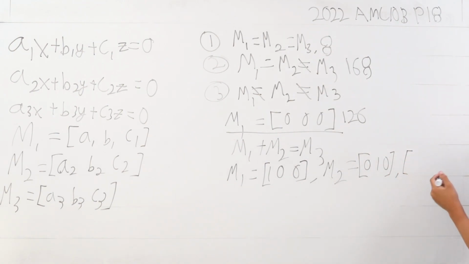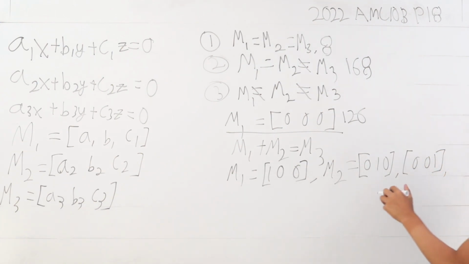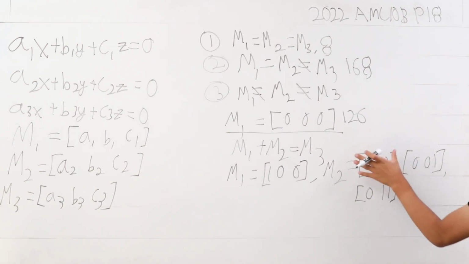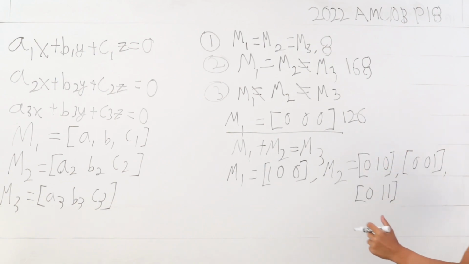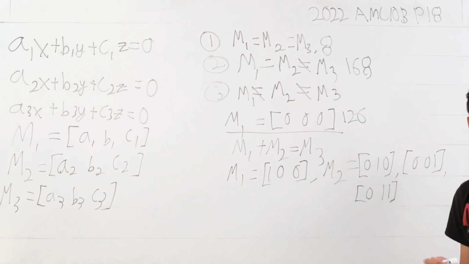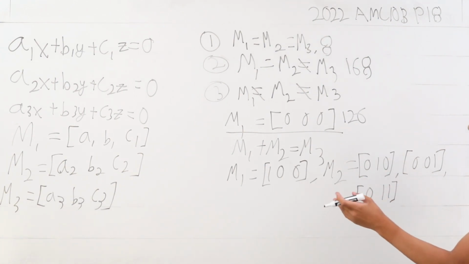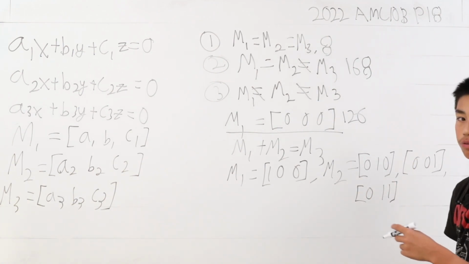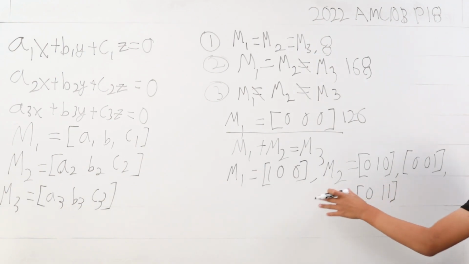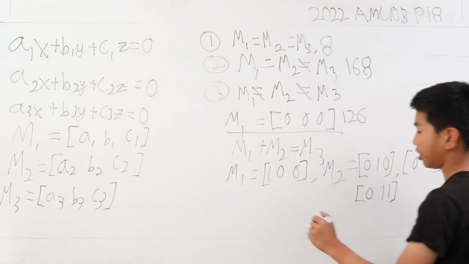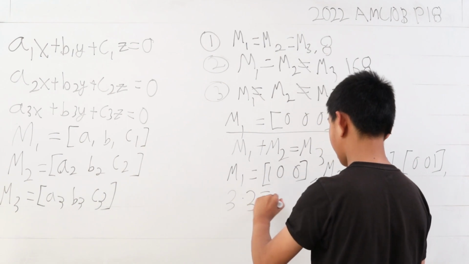There's 0, 1, 0, 0, 0, 1. And our last one, 0, 1, 1. So we have 3 cases right here. Since the question says that even if the equations are the same but in a different order, that counts as a different case, we multiply by 3 because this one can be moved around two more times. So 3 times 3 is 9.